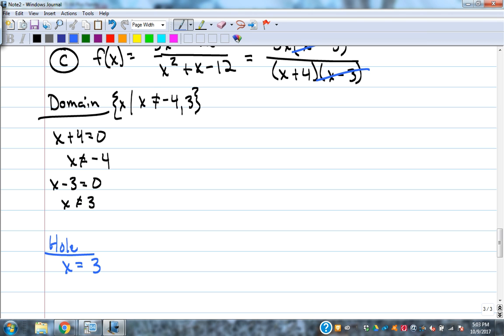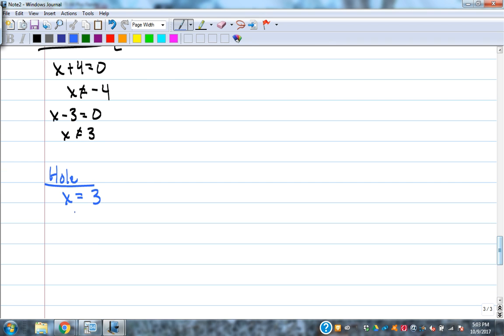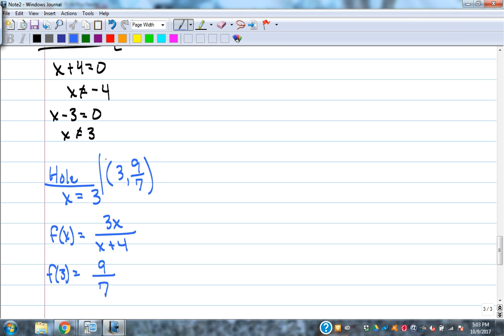If there's a hole at x equals 3, what's the y value that goes with that? We're taking 3x over x plus 4 and plugging in a 3. 9 over 7. So the hole is at 3, 9/7. Vertical asymptote.